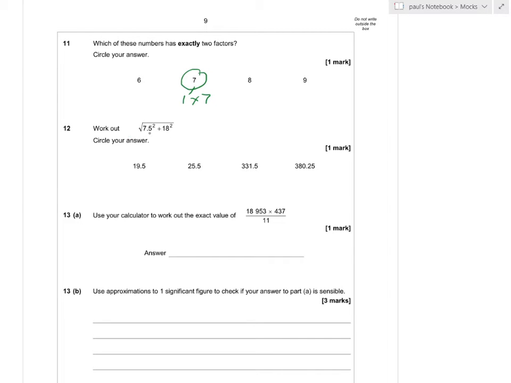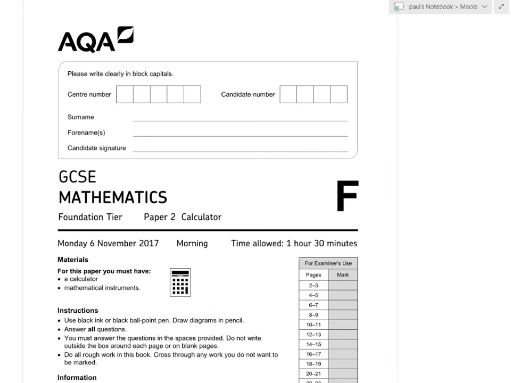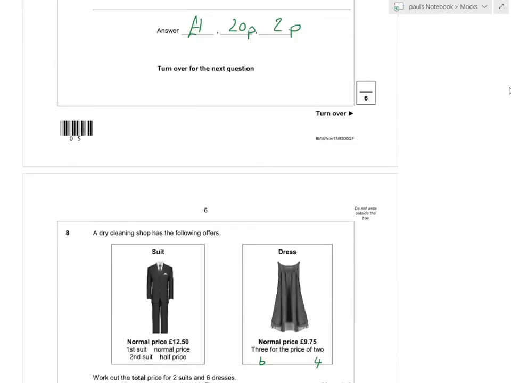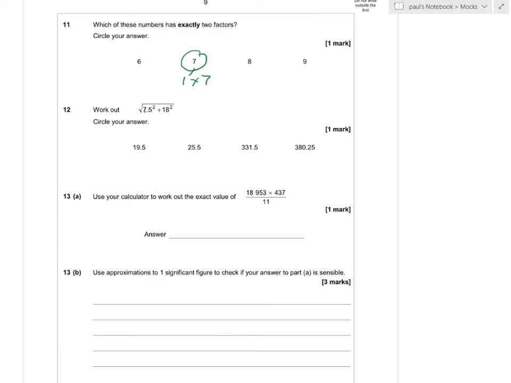Now, work out 7.5. It's a calculator exam, isn't it? Or is it? I can't remember. I haven't used it so far. Yes, it's a calculator. Good, because it's getting tricky. 7.5 squared plus 18 squared and the square root. So, the square root of 7.5 squared plus 18 squared equals, all in one go in the calculator, 10.08 something.